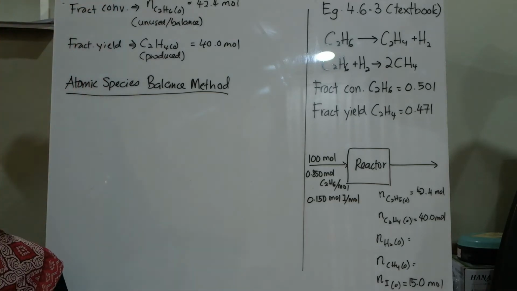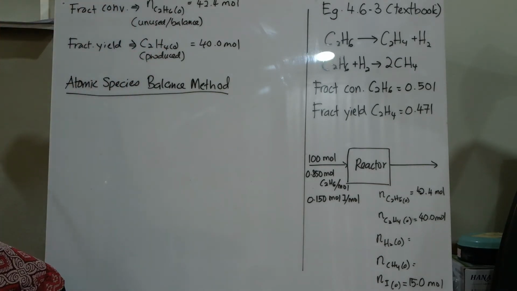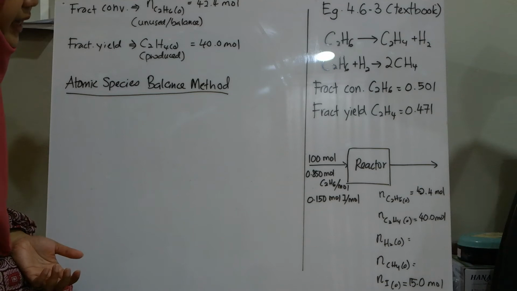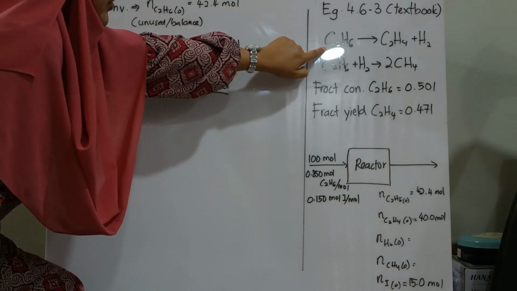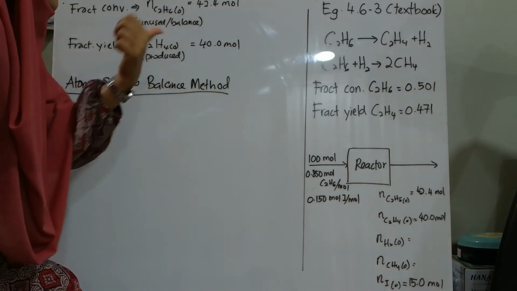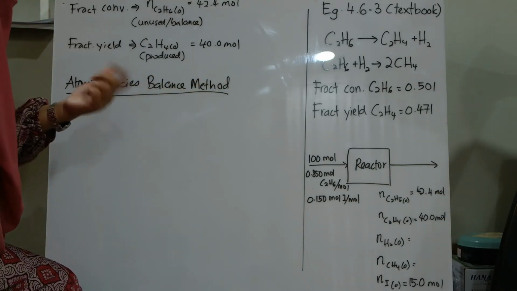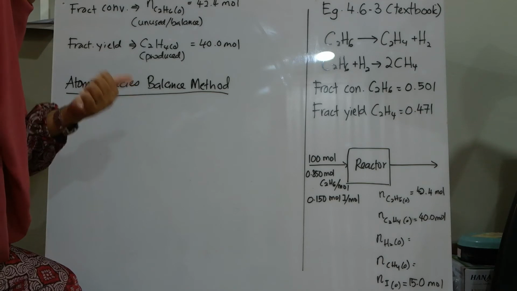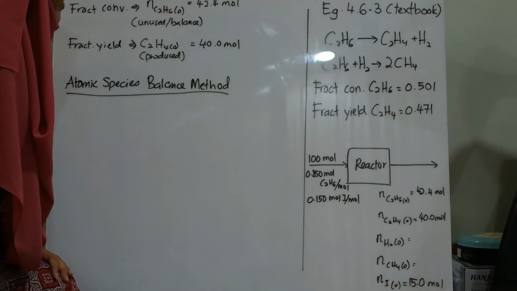So let's use atomic species balance to determine these two compounds. In atomic species balance, we need to know which atomic elements are used in the process. We only have C and H, so we only have to do the balance for C and H.